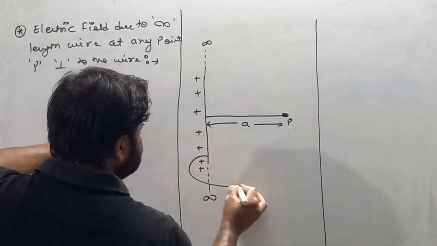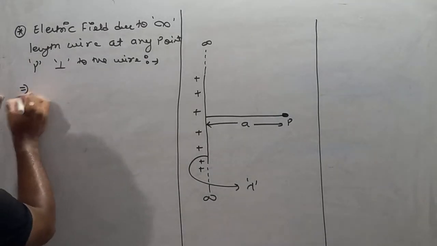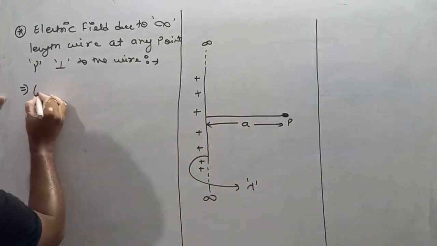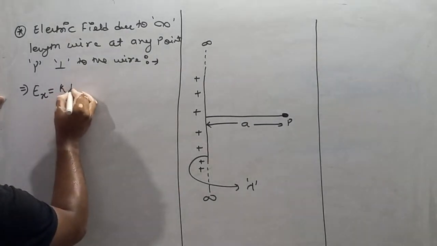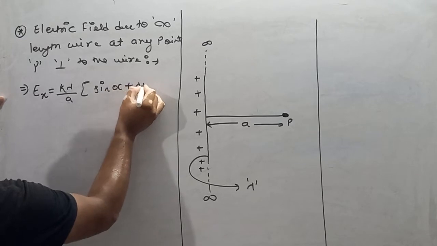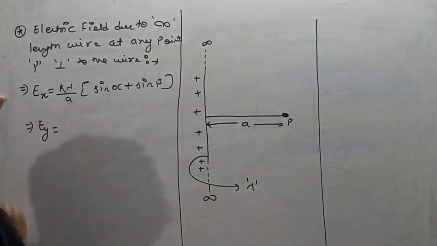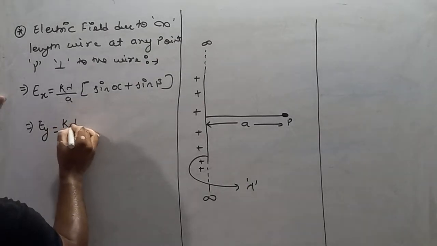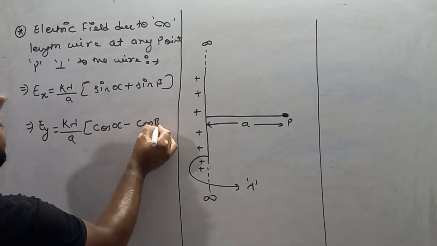Let's say the charge density on wire is lambda. So we all know that electric field along x-axis is k lambda by a (sin alpha plus sin beta), and electric field along y-axis is k lambda by a (cos alpha minus cos beta).